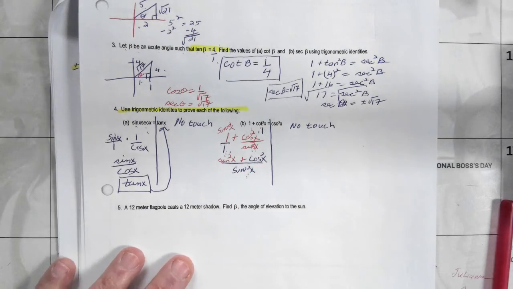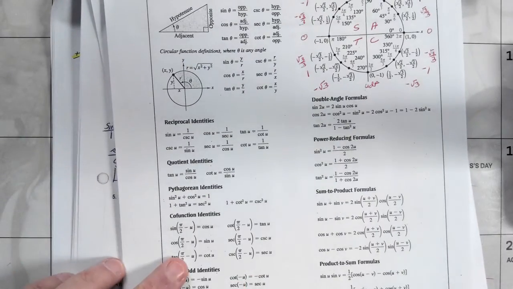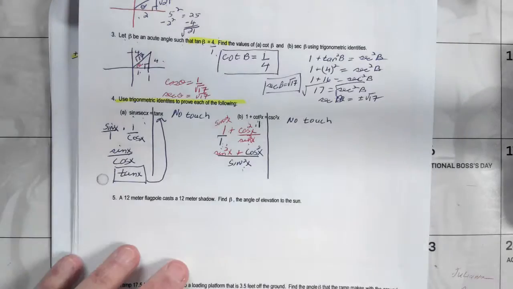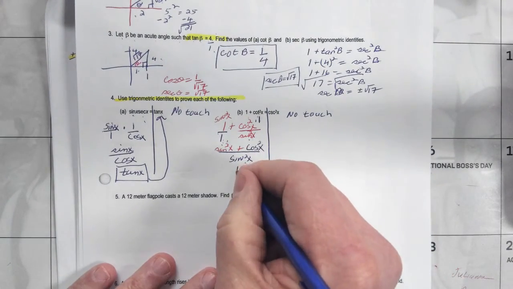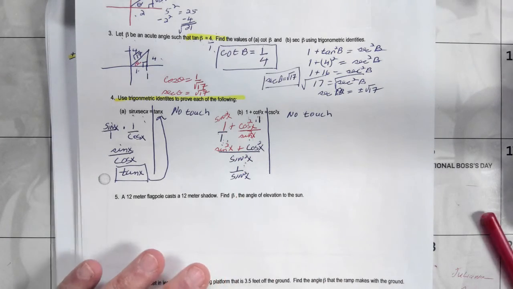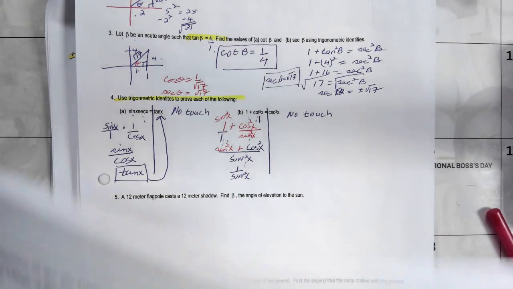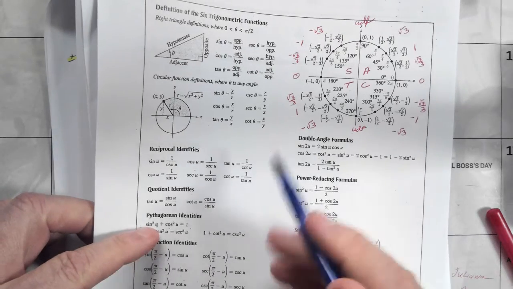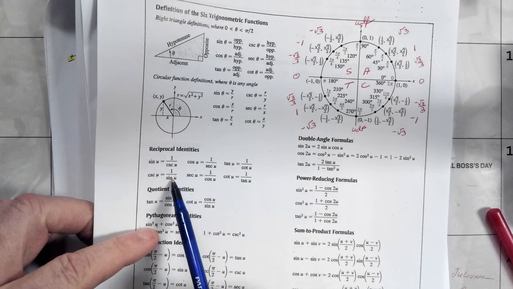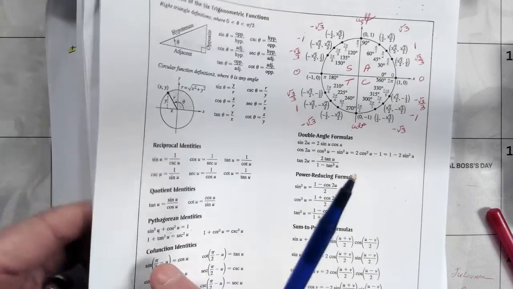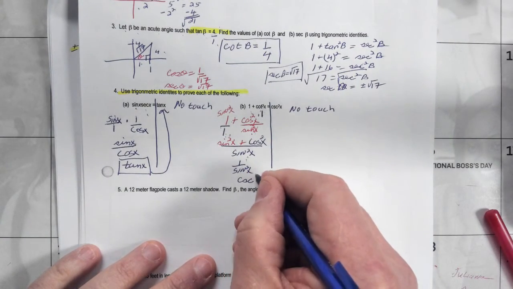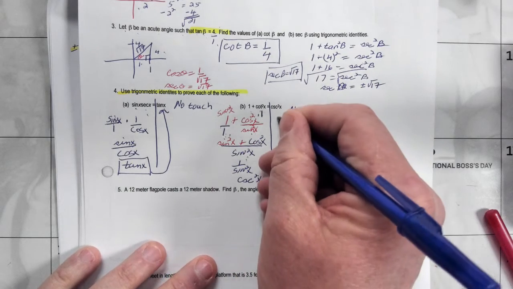If you don't know, you go to your paper, you look at the Pythagorean identity, sine squared plus cosine squared is 1. That's 1 over sine squared. You go to your paper again, the reciprocal identity says 1 over sine is cosecant. 1 over sine squared would be cosecant squared. So this is cosecant squared. It's proved.